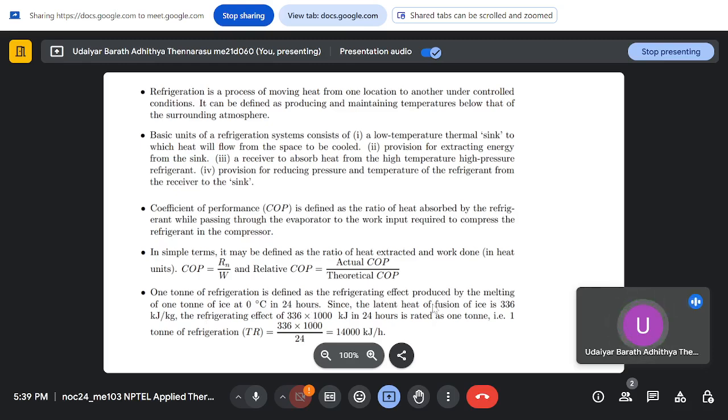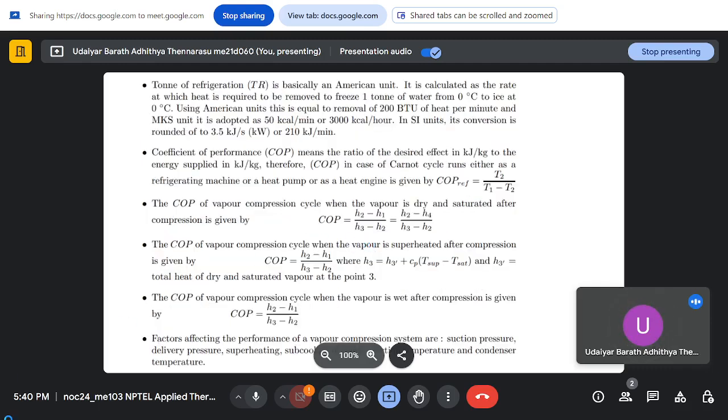Since the latent heat of fusion for ice is 336, 336 into 1000 for 1000 kg of ice, and for 24 hours, divide by 24, that gives you about 14,000 kilojoule per hour. This comes out to be 3.5196, or 3.5 kilojoule per second or kilowatts, or 210 kilojoule per minute.